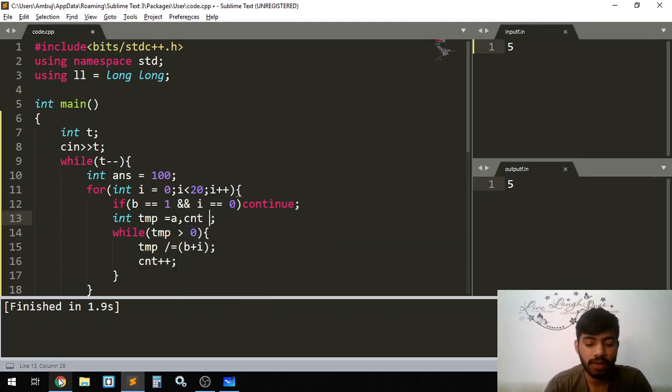Count is equal to 0. Initially we just initialize count to 0. This is the number of operations that b plus i will take to divide a to make temp equal to 0.